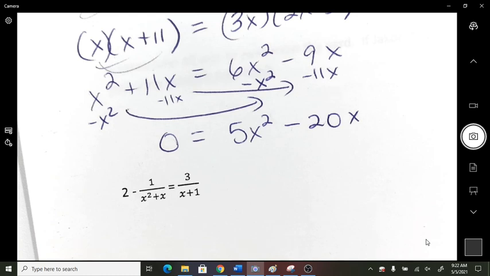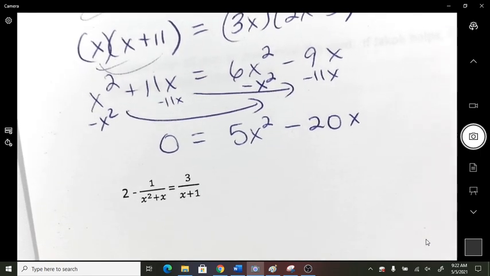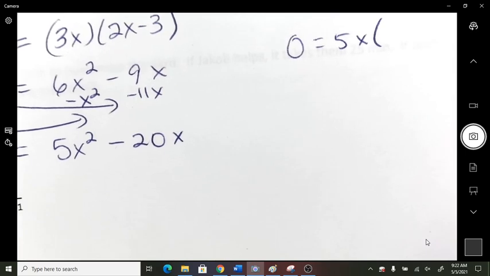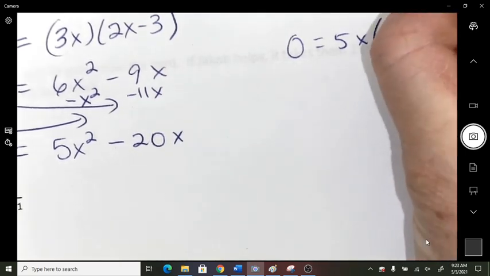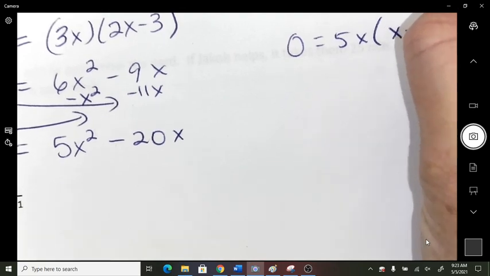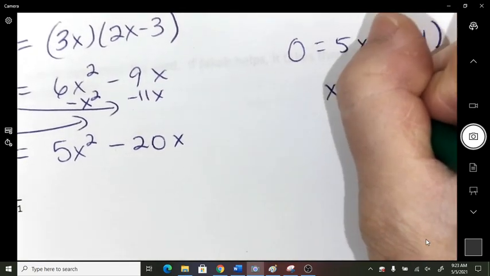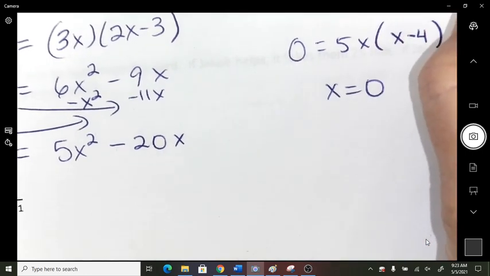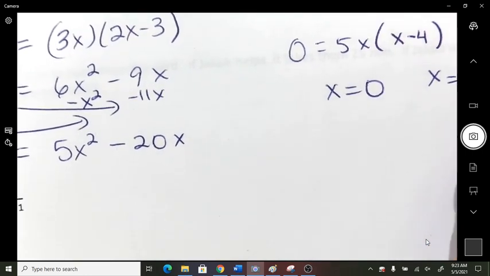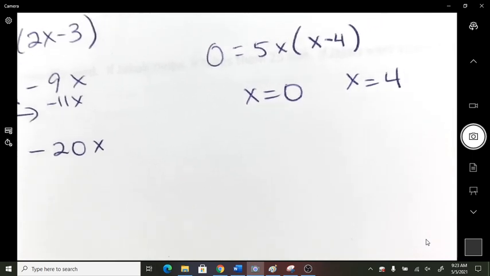Now you can look at it and say, what do I want to do with this? GCF. So I'm going to take a 5x out. x, subtract 4. So x is 0 or x is 4.